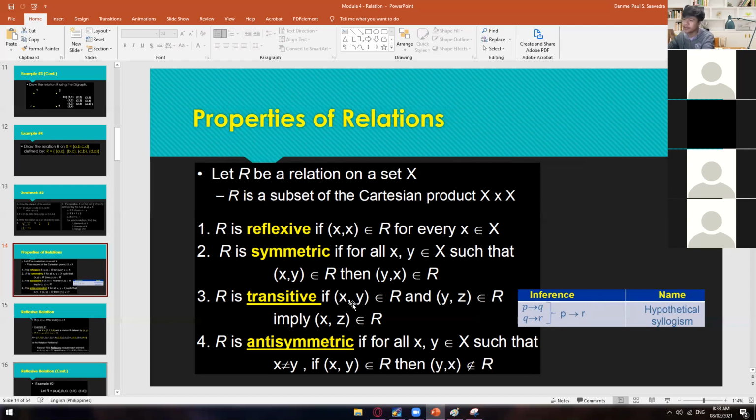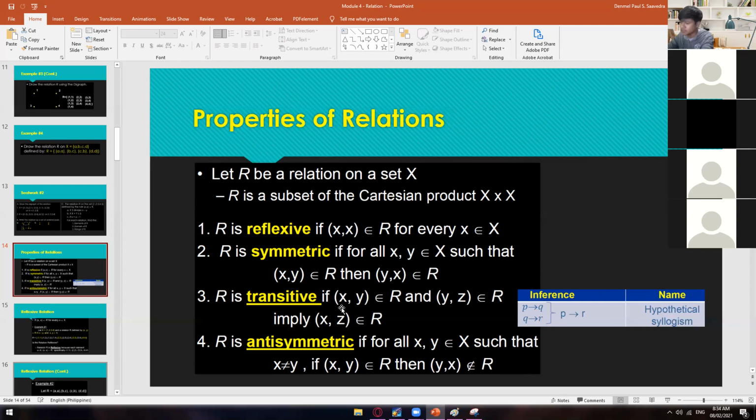So we have here (x, y) as an element of R, and then (y, z) as an element of R, and then imply (x, z) is an element of R. Meaning, once you find out that you have this kind of ordered pair, (x, y) and then (y, z), wherein they have the same element y, then you can come up with an (x, z), or another ordered pair.